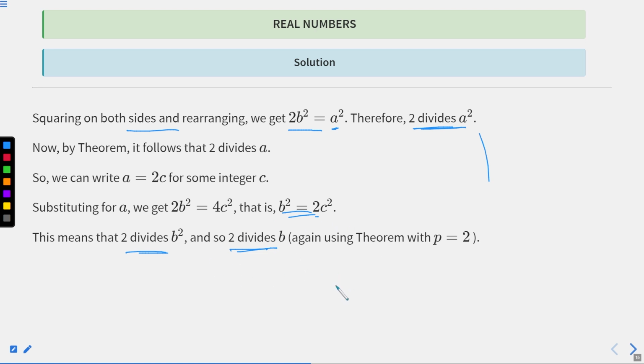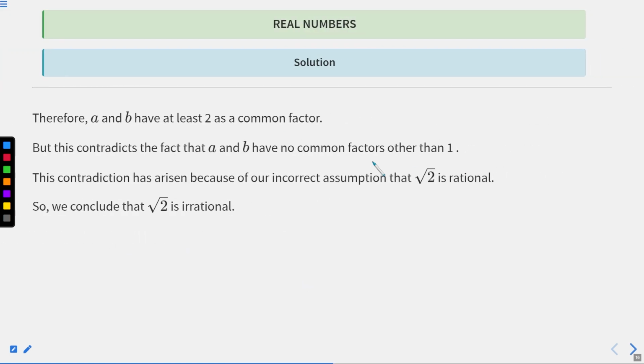So here we get a common factor other than 1, namely 2. Therefore a and b have at least 2 as a common factor. But in our previous step we considered a and b to be co-prime, that means a and b have no common factors other than 1.